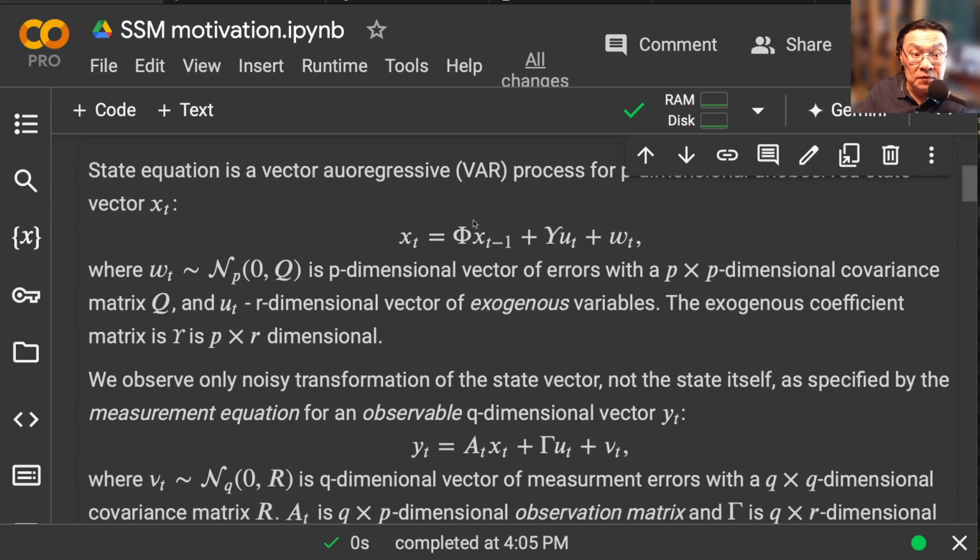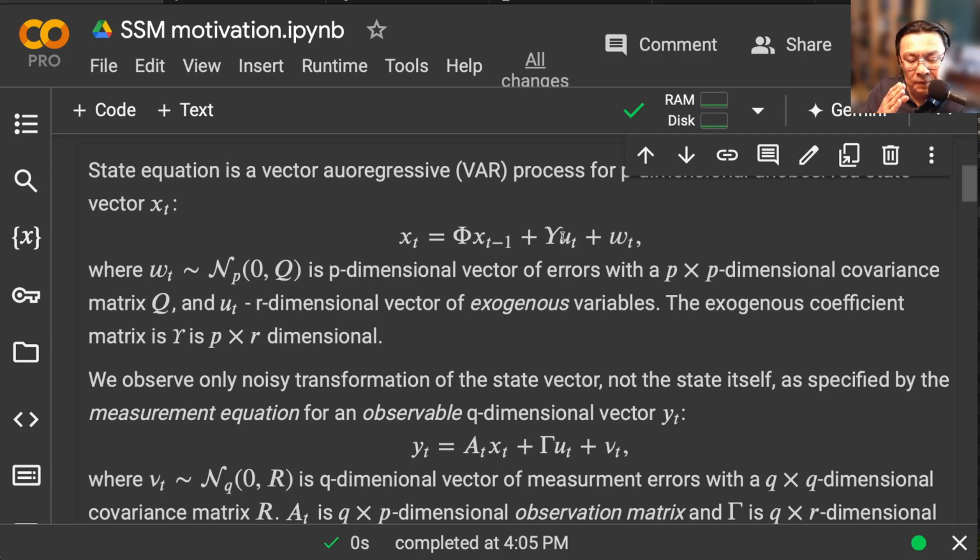Great, and this phi and this upsilon are matrices again, multidimensional matrices. So in this case, if x is p-dimensional, then the phi matrix is p by p, the autoregressive matrix. And the matrix which incorporates the impact of exogenous variables is going to be p by r if the exogenous variables are r-dimensional.